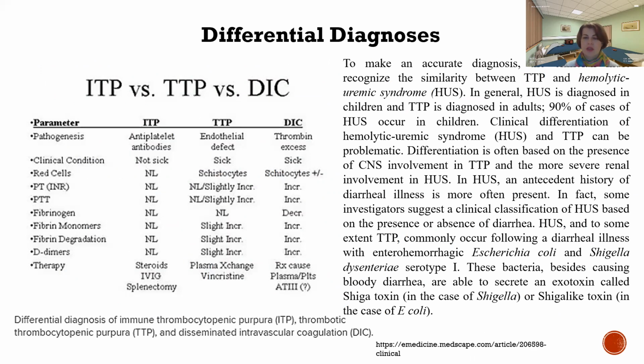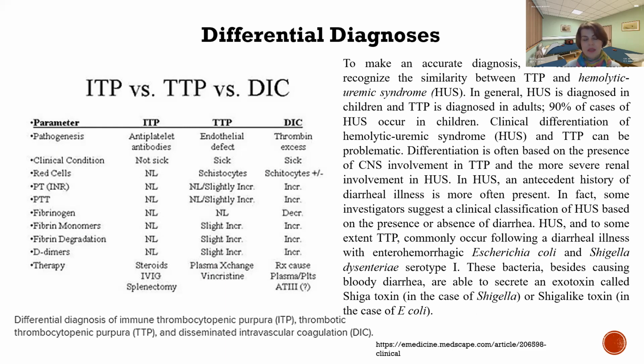Clinical differentiation of these two syndromes can be problematic and is often based on the presence of central nervous system involvement in thrombocytopenic purpura and more severe renal involvement in hemolytic uremic syndrome. In hemolytic uremic syndrome, an antecedent history of diarrheal illness is more often present. In fact, some investigators suggest a clinical classification of HUS based on the presence or absence of diarrhea.